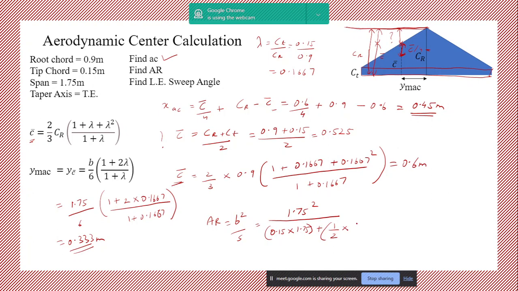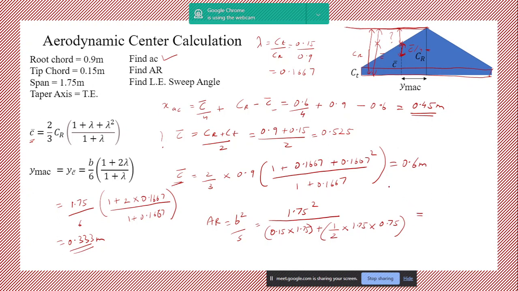What is the base? 1.75 into height is 0.75. So 0.75 is CR minus CT.